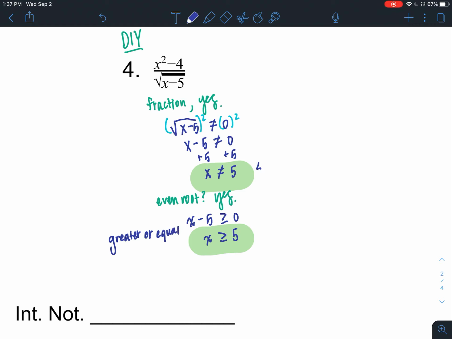But this is not equal. So if we combine those two ideas, what do we get? We get that we have greater and not equal, so it's just greater than. So we write x is greater than 5. Now the reason we had to think through that was because of this equals to 5 right here.